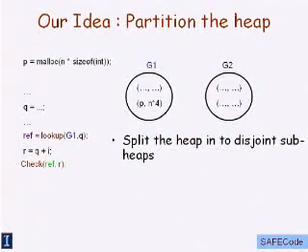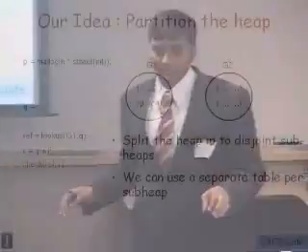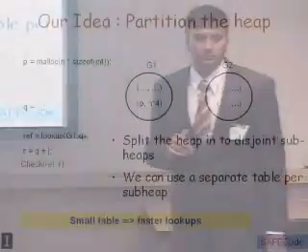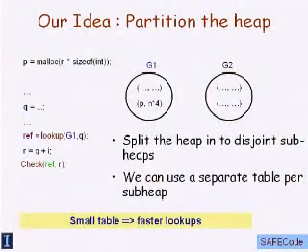Then we can look up this table and get the referent for P. And since we have a smaller table, our lookups are going to be faster. Generalizing this idea, if we split the heap into disjoint subheaps, we can maintain one separate table per subheap of the program. And since each table is now smaller, our lookups are going to be faster.